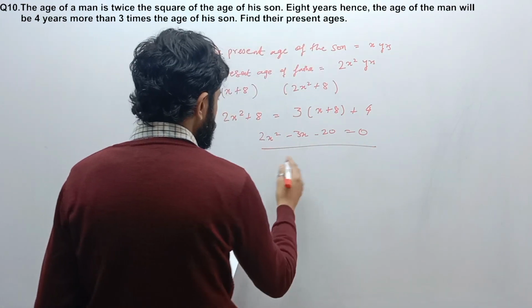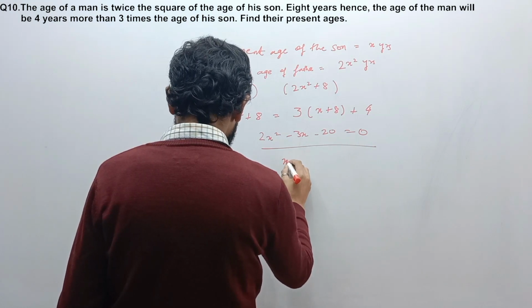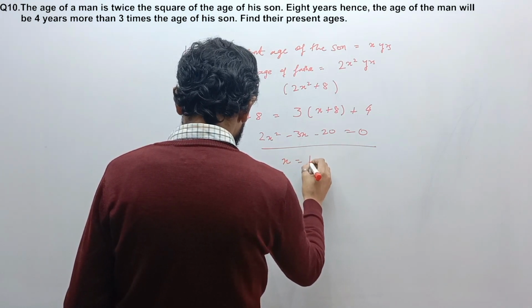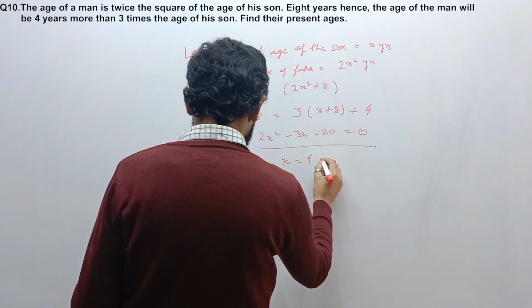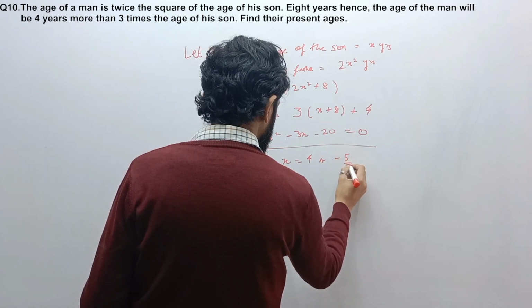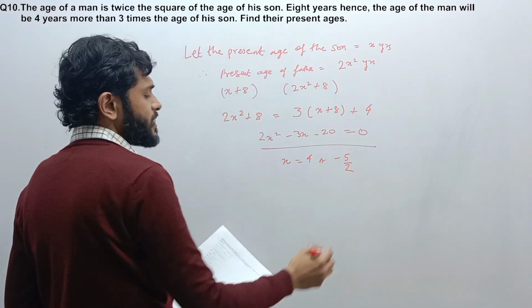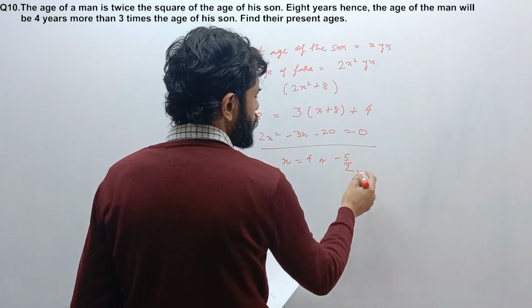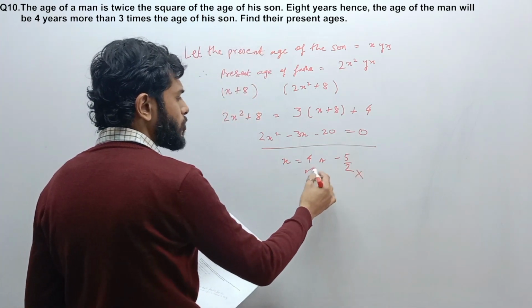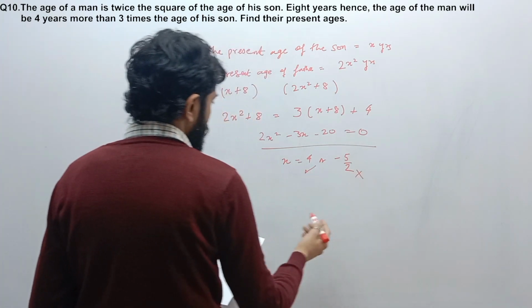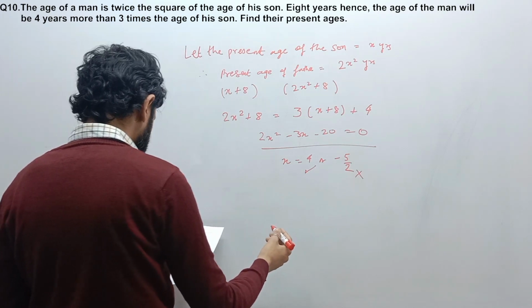Now upon solving this equation, you get your values as x is equal to 4 or minus 5 upon 2. Now the age cannot be negative, so you will neglect the negative value and take only the positive value into consideration.